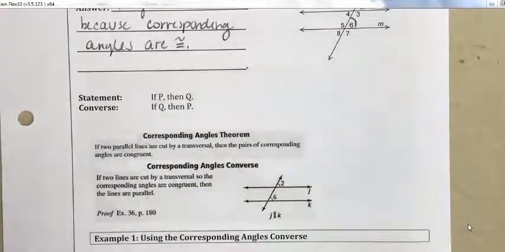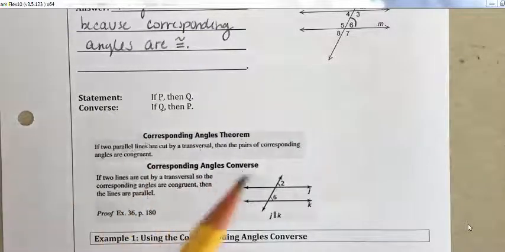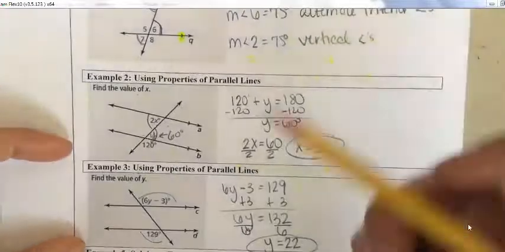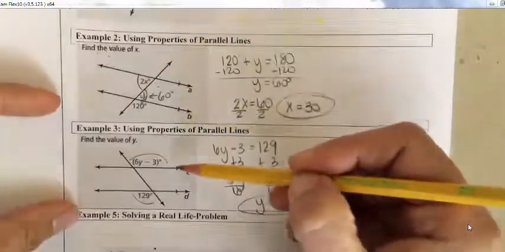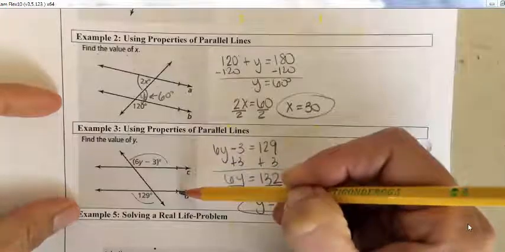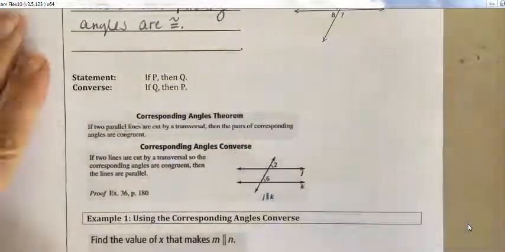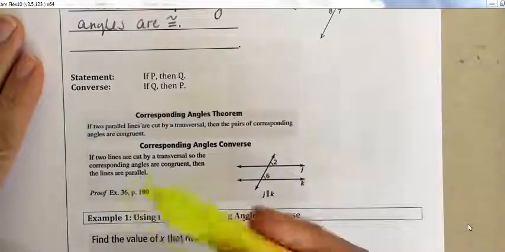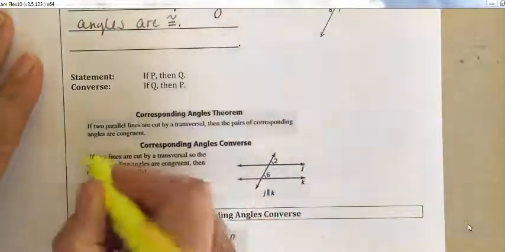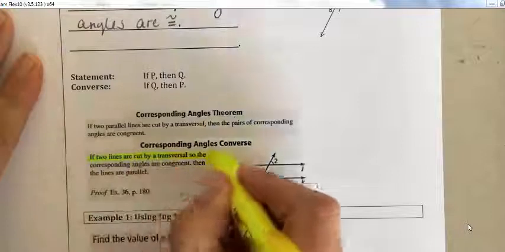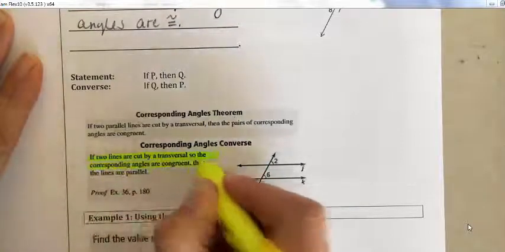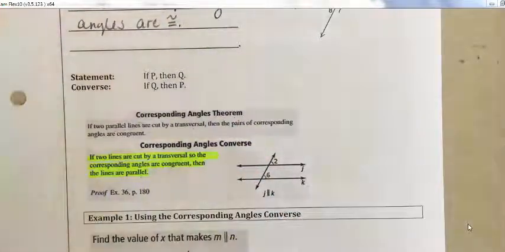Every single time you looked at the lines, it was given to you that they were parallel to begin with. So the new information here are the converses of the theorems. If two lines are cut by a transversal so that the corresponding angles are congruent, then the lines are parallel.